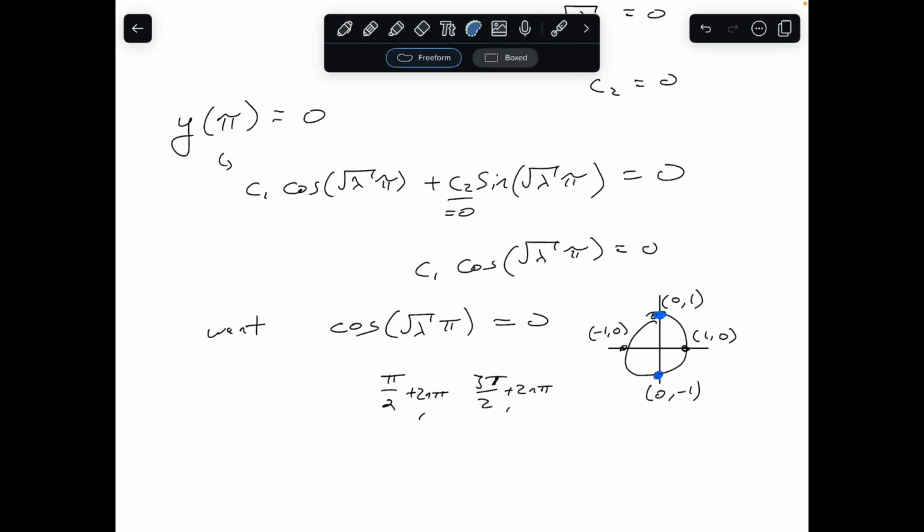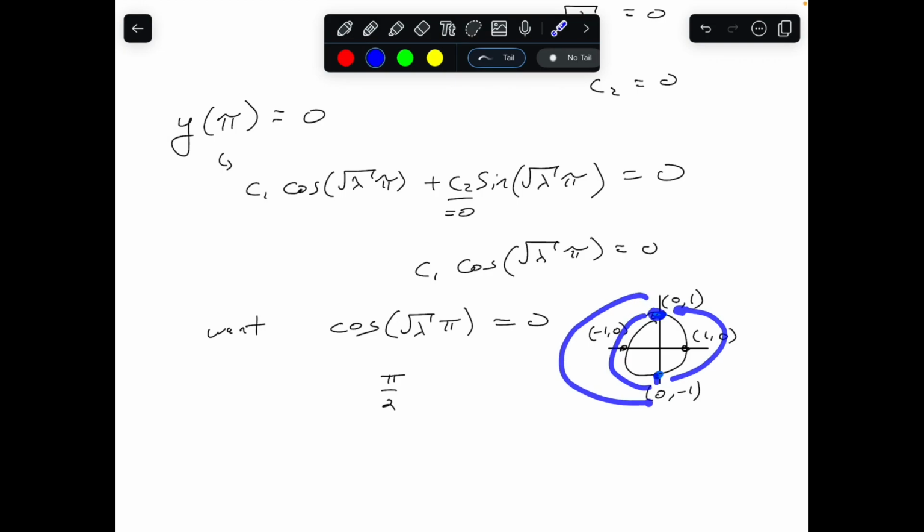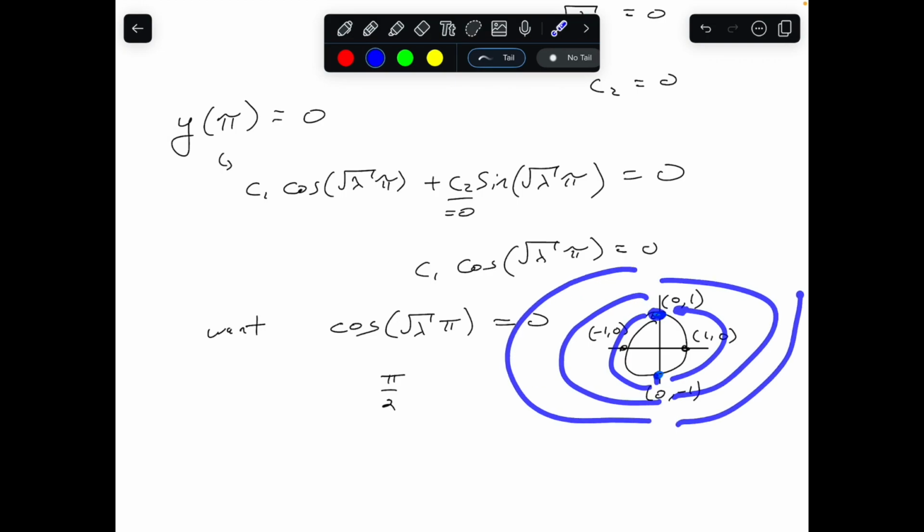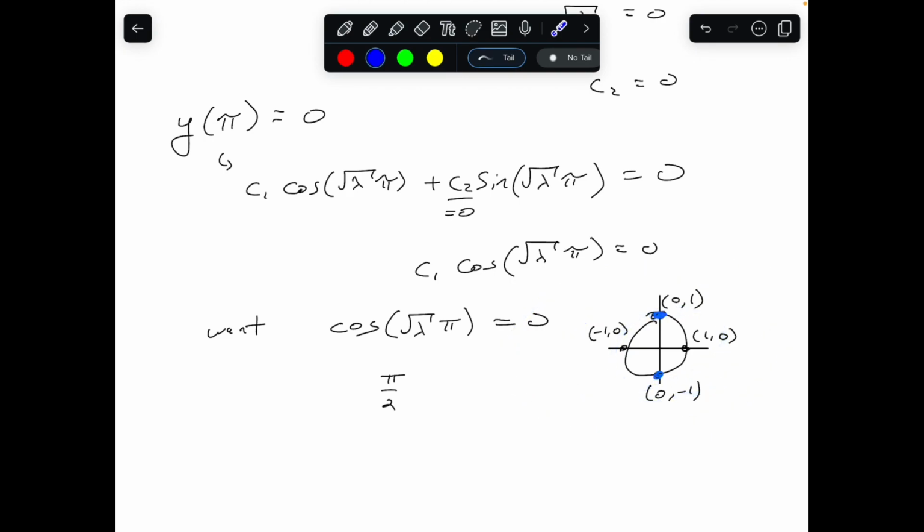Or you could just combine all of this into one set of information just by saying it's going to be pi halves plus any multiple of pi. Because pi halves plus pi brings you down here, plus another pi brings you back up here, and every time you add pi, it just takes you either to the North Pole or to the South Pole. So what we need is for our angle to equal pi halves plus n pi, and our angle is root lambda pi.